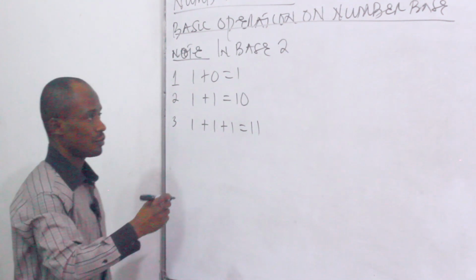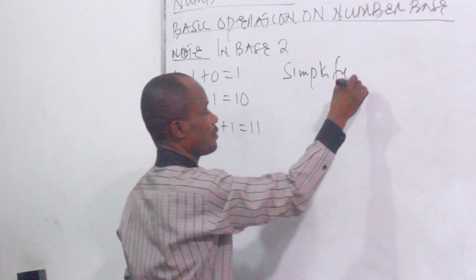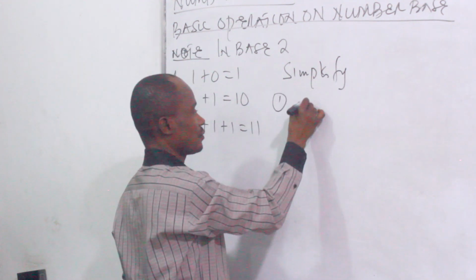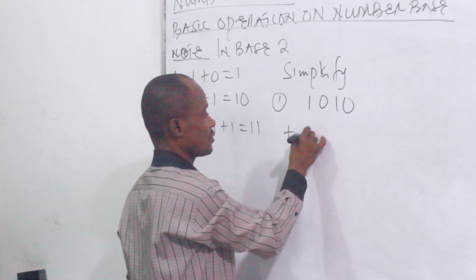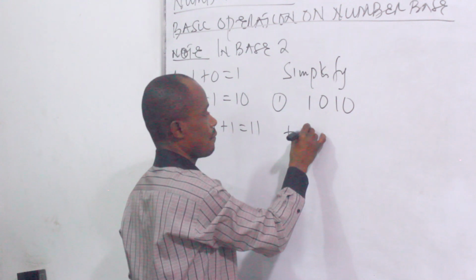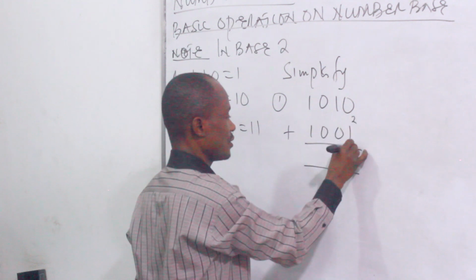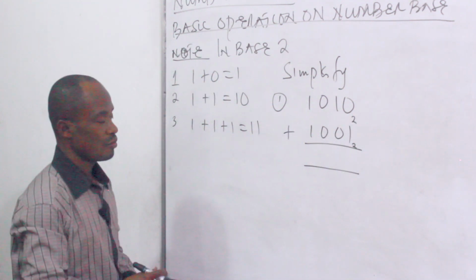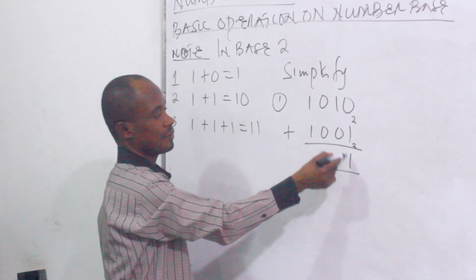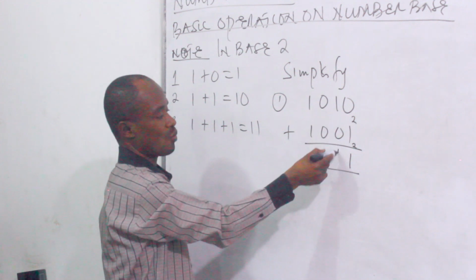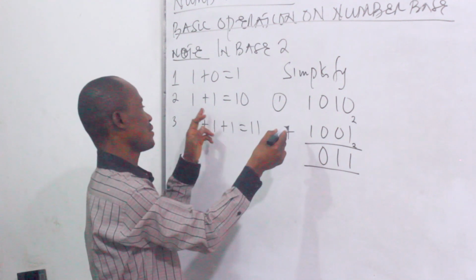For example, suppose we are asked to simplify 1, 0, 1, 0 plus 1, 0, 0, 1, all in base 2. How do we start? We start with 0 plus 1, which is 1. 1 plus 0 is still 1. 0 plus 0 is 0. 1 plus 1 is 1, 0.